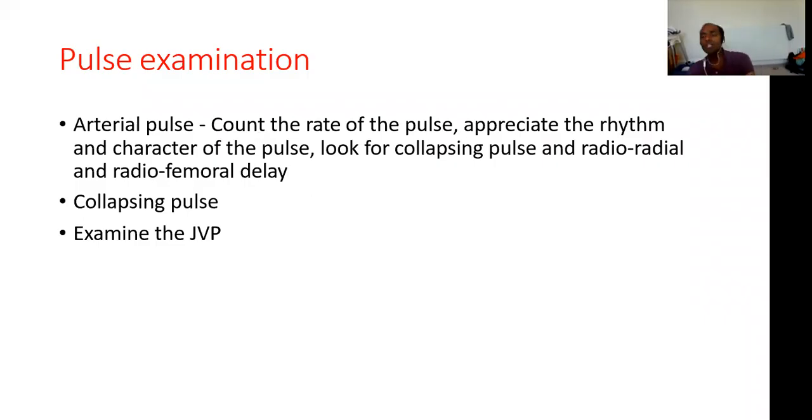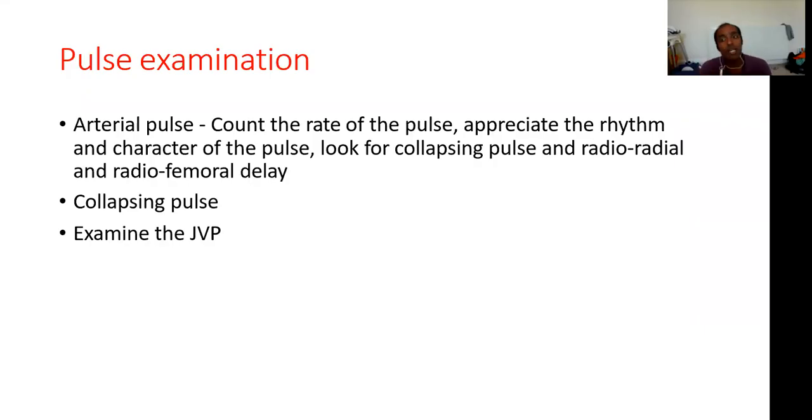Now, once you do this general examination, we go to the cardiovascular system proper. Okay. Now, when you're doing the cardiovascular system proper, you have two components. So it's easy to think of it or remember it in that way. You have the pulse examination on one hand, and then you have the precordial examination. And in between the two, you also have blood pressure measurement, which you have to routinely do, but not really at the exam.